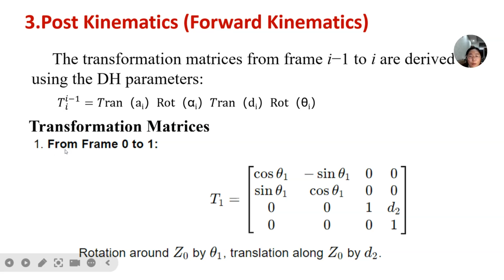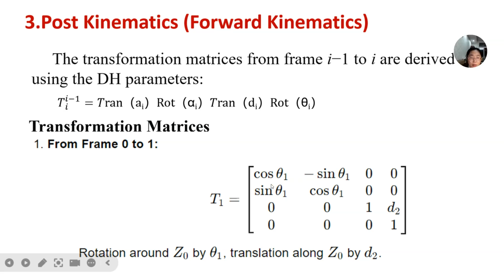Number 1, from frame 0 to 1, T1 equals cosine theta 1, minus sin theta 1, 0, 0; sin theta 1, cosine theta 1, 0, 0; 0, 0, 1, d2; and 0, 0, 0, 1.